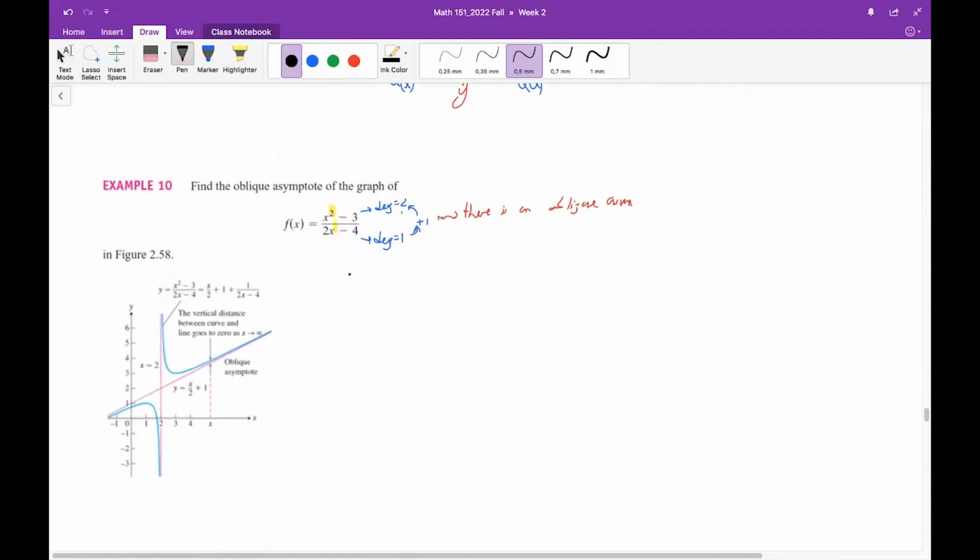Oblique asymptote, how do you find that? Let's perform polynomial division to find that. This should be divided by 2x minus 4. So we have x squared here, you need to multiply with x, but you also need to get rid of this coefficient here. That's why I need to multiply with 1 over 2 times x. So it is exactly x squared, then minus 4 times this is minus 2x.